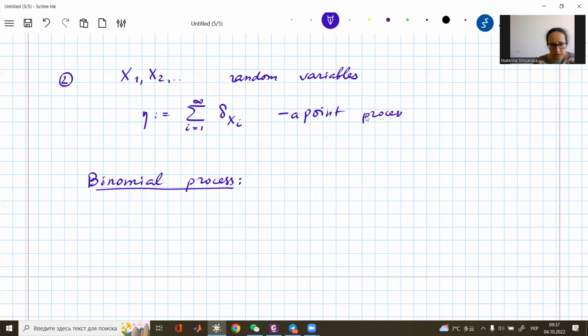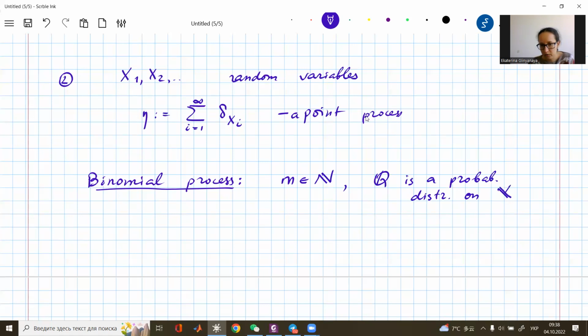One of them is m, the total number of points in the whole configuration. And we will fix a probability distribution, which I denote by Q, on our space where we consider this point process.